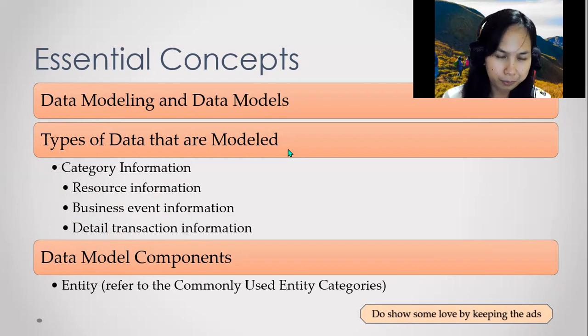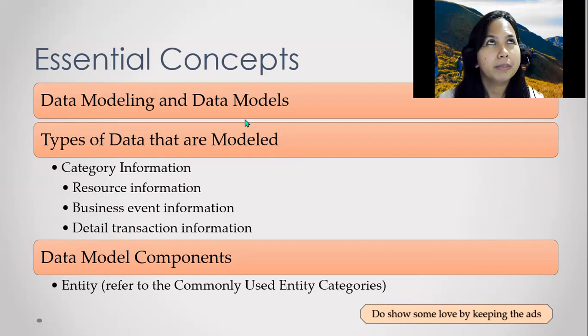Okay, so let's go over the types of data that are modeled. Four main types of data can be modeled, and the types of data being modeled in any given organization also reflect the priorities of the organization or the project that requires the data model. First, let's look into category information.